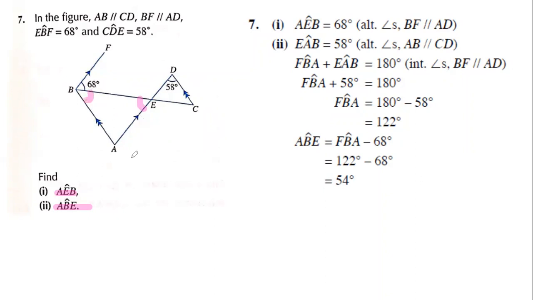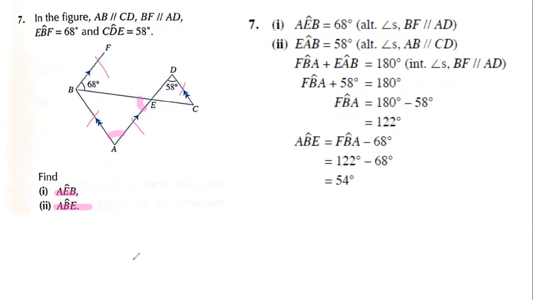So we can clearly see that this total angle and this angle must be equal to 180 degrees, as these are interior angles and their sum must be equal to 180 degrees. Also, we can clearly see that this 58 degrees, because this line and this line are parallel and these are parallel.